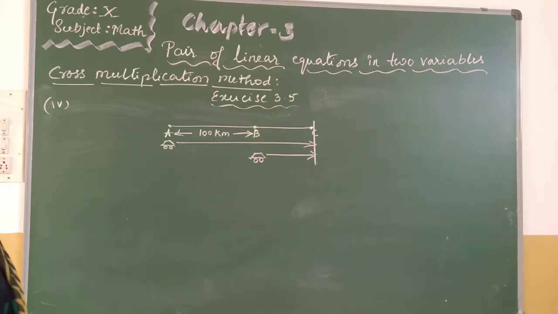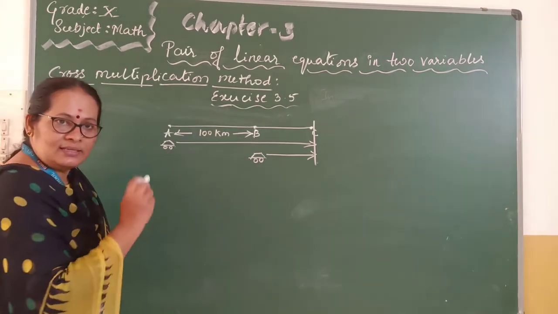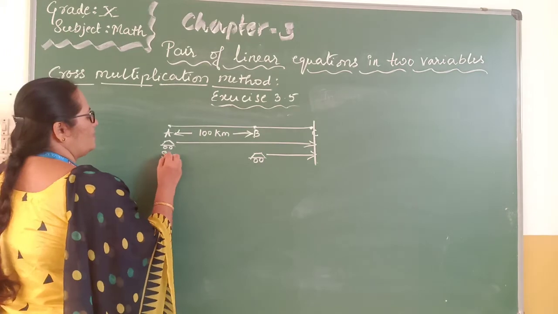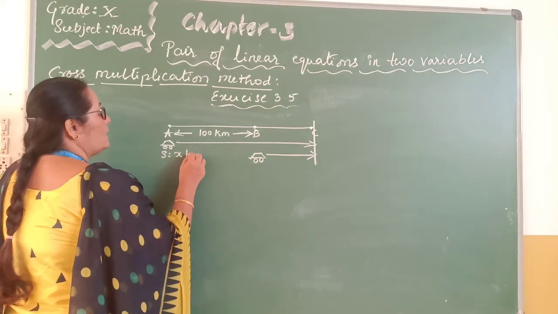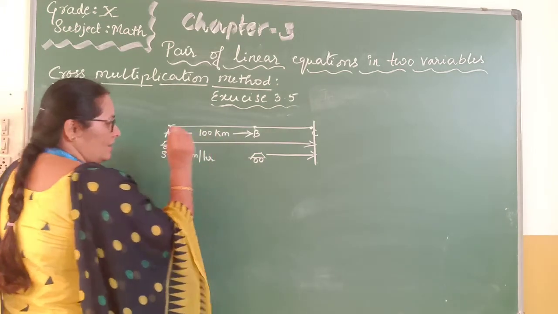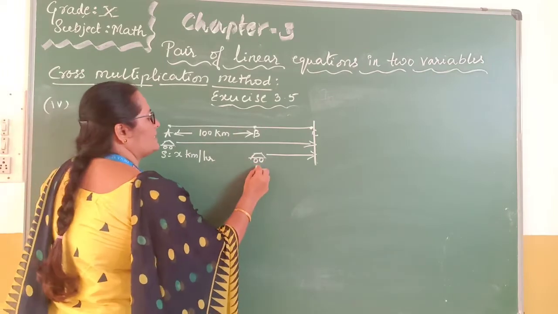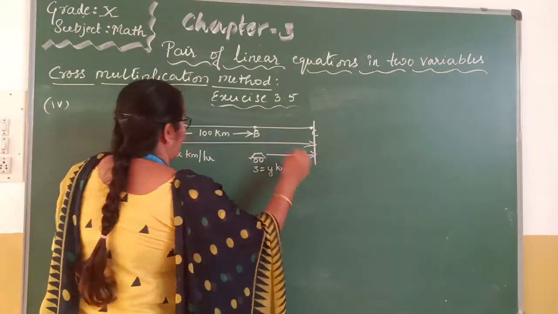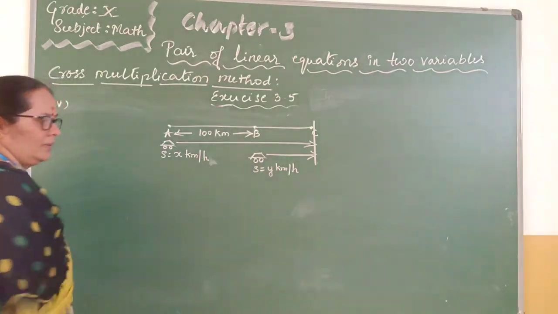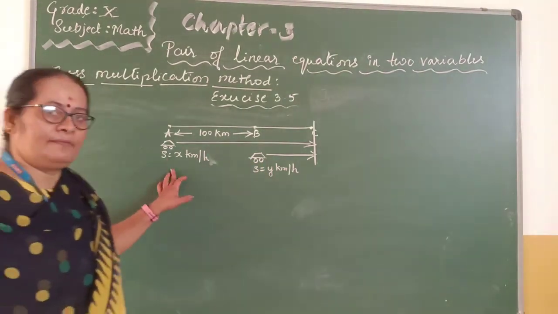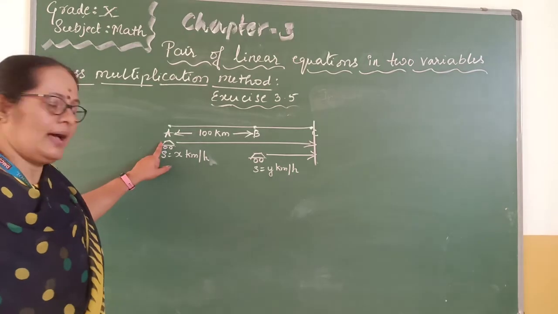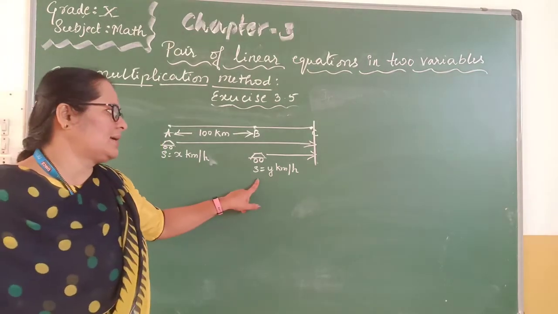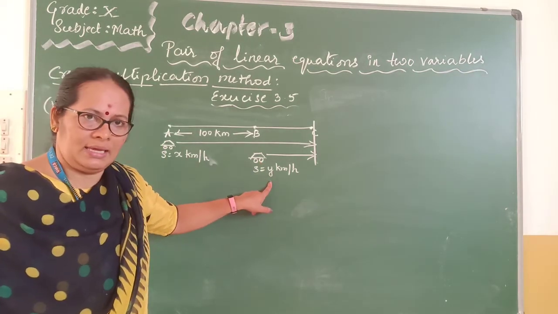Let the speed of car A be x kilometer per hour, whereas the speed of this car be y kilometer per hour. Both have different speeds.